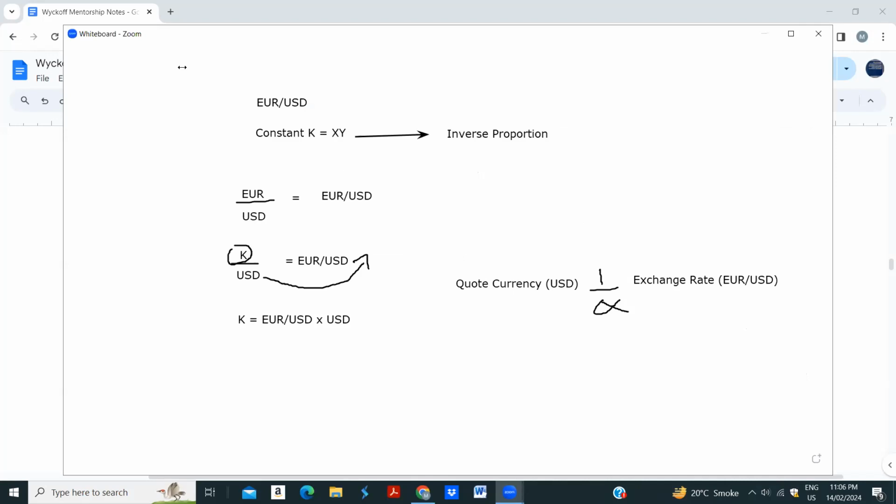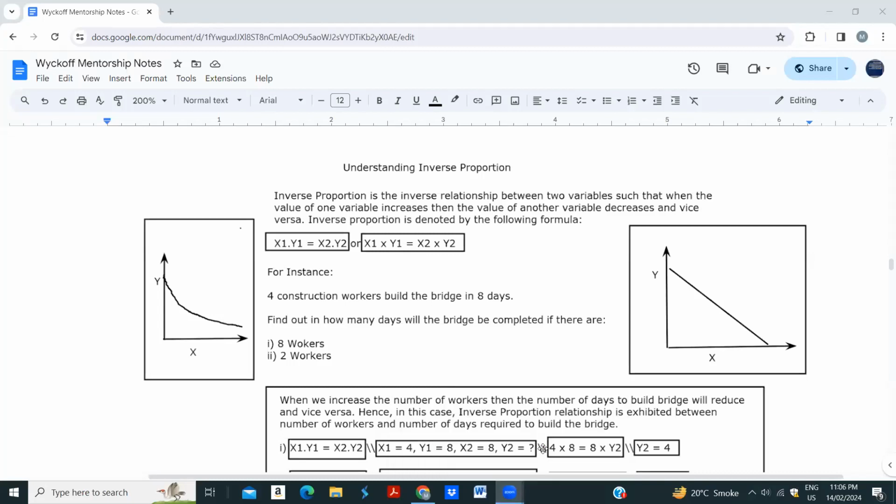So we have 4 workers. Okay, 4 workers build the bridge in 8 days. Now we have 8 workers. So we have to find out in how many days 8 workers will build the bridge.